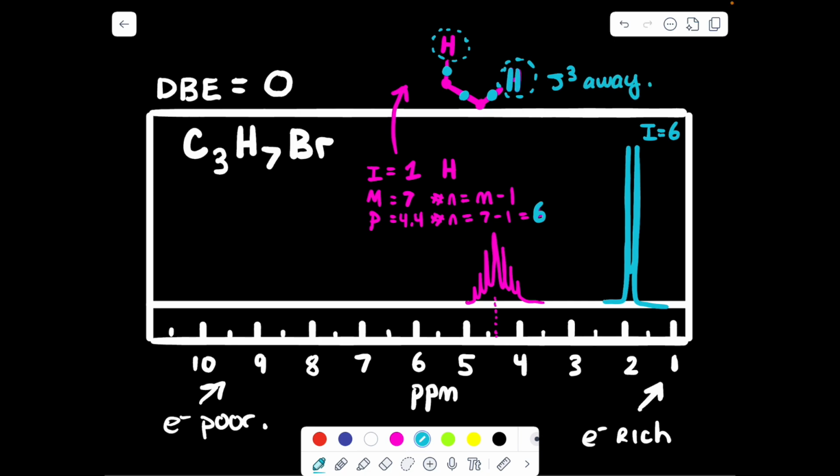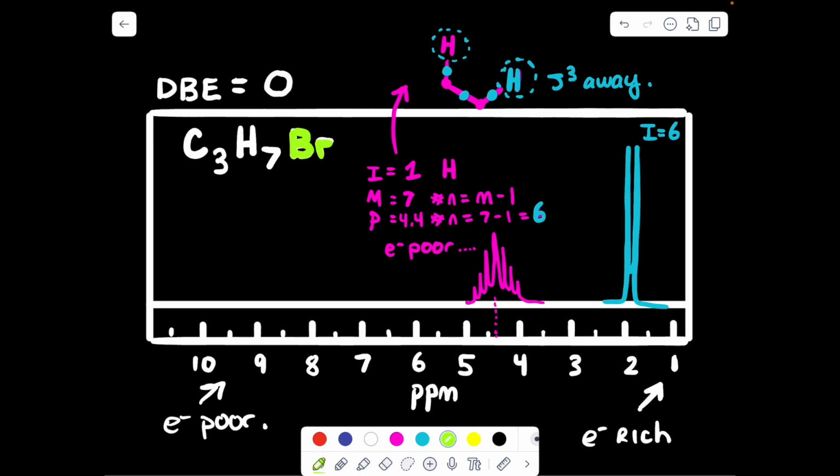So the pink hydrogen and the blue hydrogen would be 3 bonds away from one another, and they would be neighbors. Now this pink hydrogen, we know it's electron poor. What does this mean? Well, look at our molecular formula. Are there any electron withdrawing groups? Well, there's a bromine.